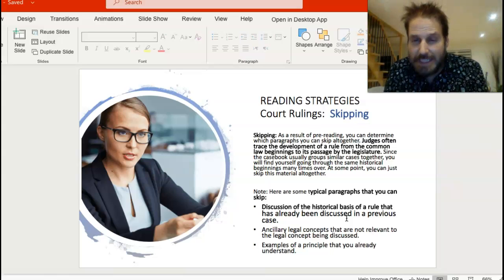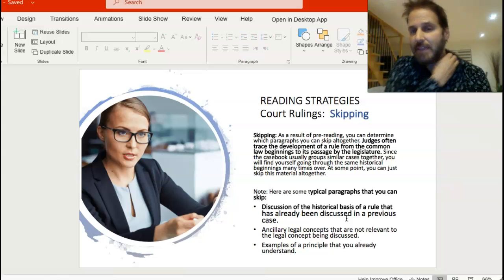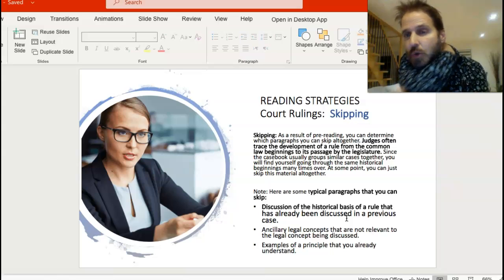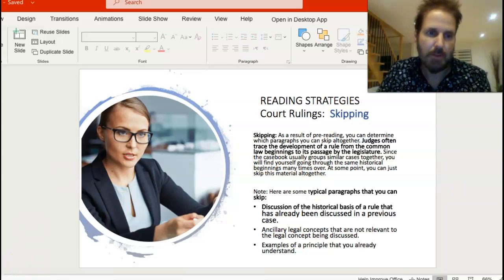And the last one is examples of a principle that you already understand. They don't need to be included in your case brief, your summary that you're going to write about the court rulings. You can skip this information.